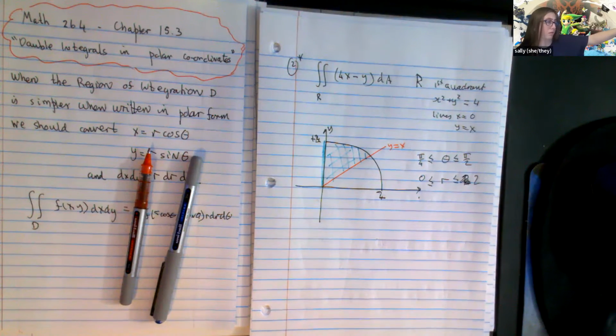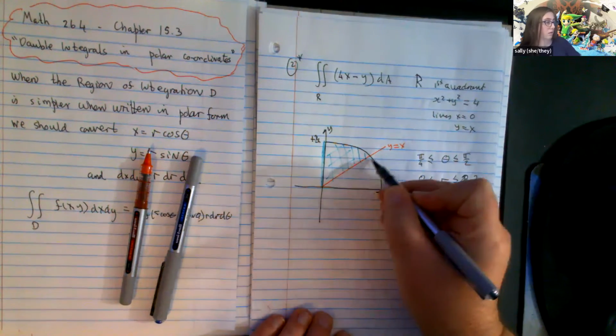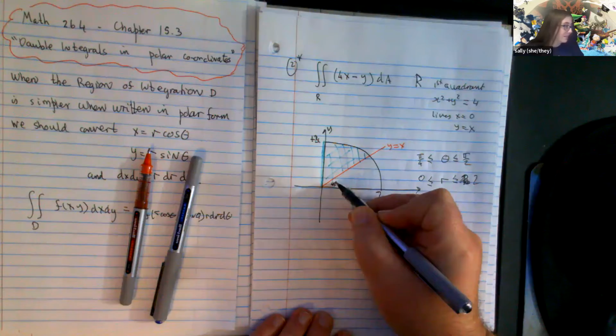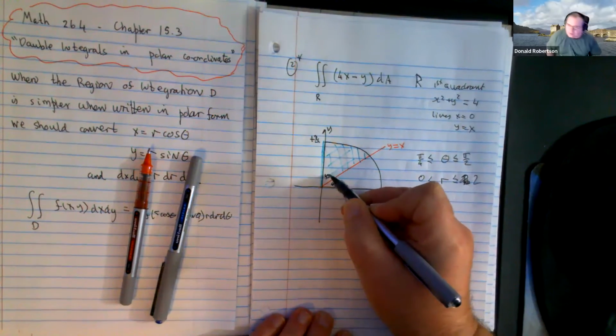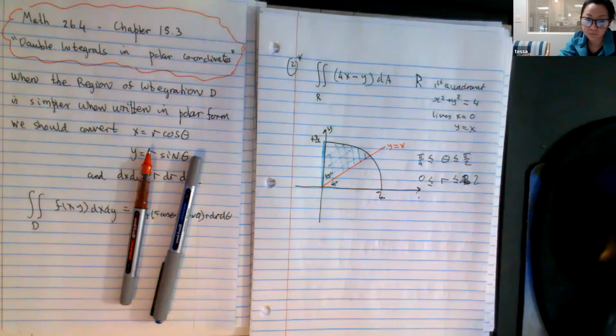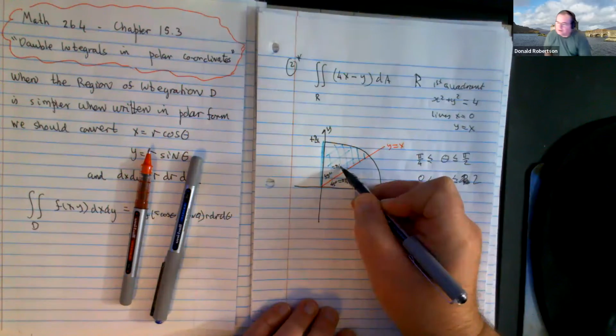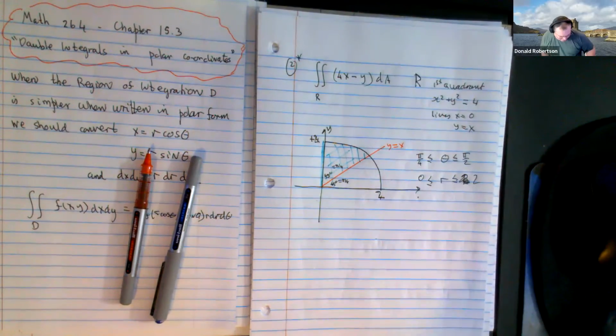Because the line of y equals x goes directly through the center of our wedge. So you're saying 45 and 45? Yeah. And there's a pi upon 4. Agreed? Right.